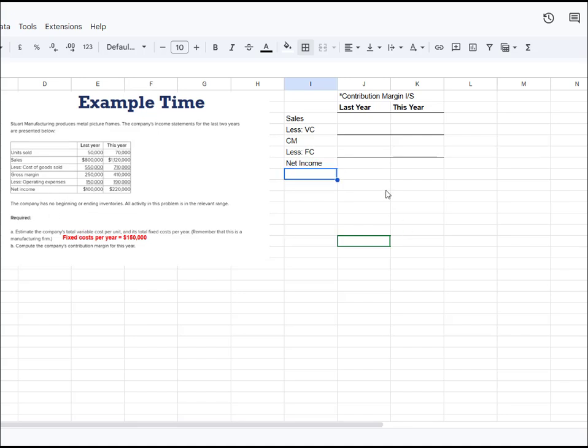Net income. Okay. So I know that my sales start off the same. So 50,000 last year and 70,000 this year. Then I'm not sure what this is yet, because it's some in the cost of goods sold, some of them in the operating expenses. Don't know what my contribution margin is, but I know what my fixed costs are.